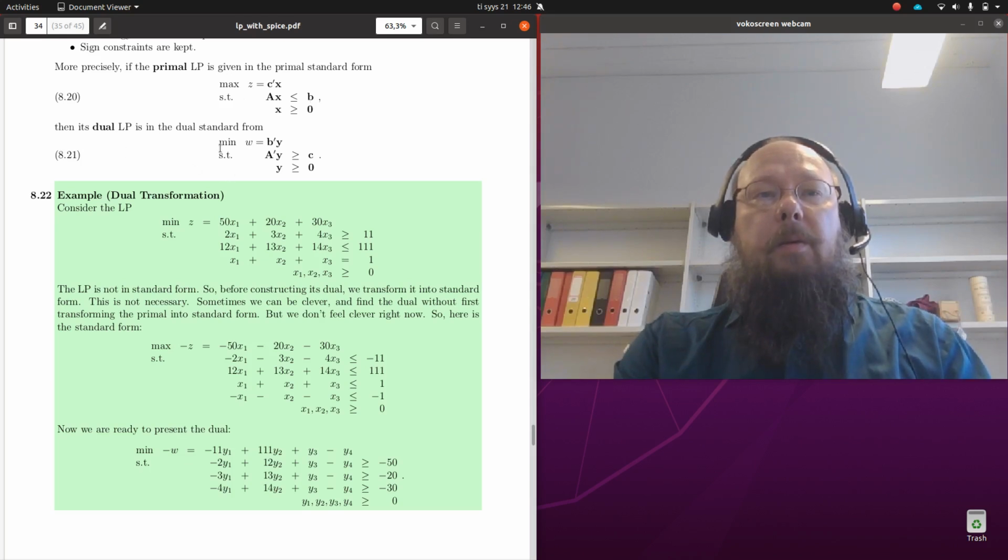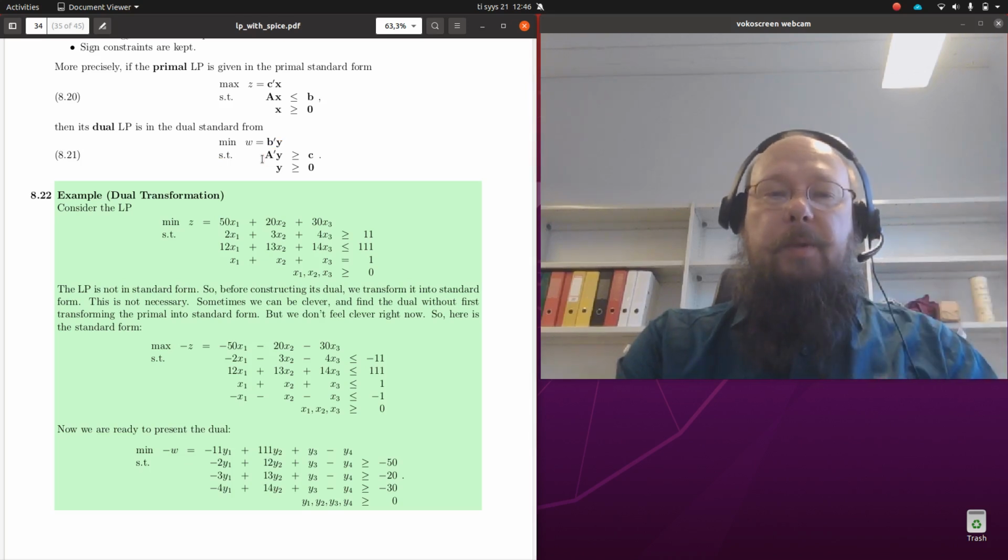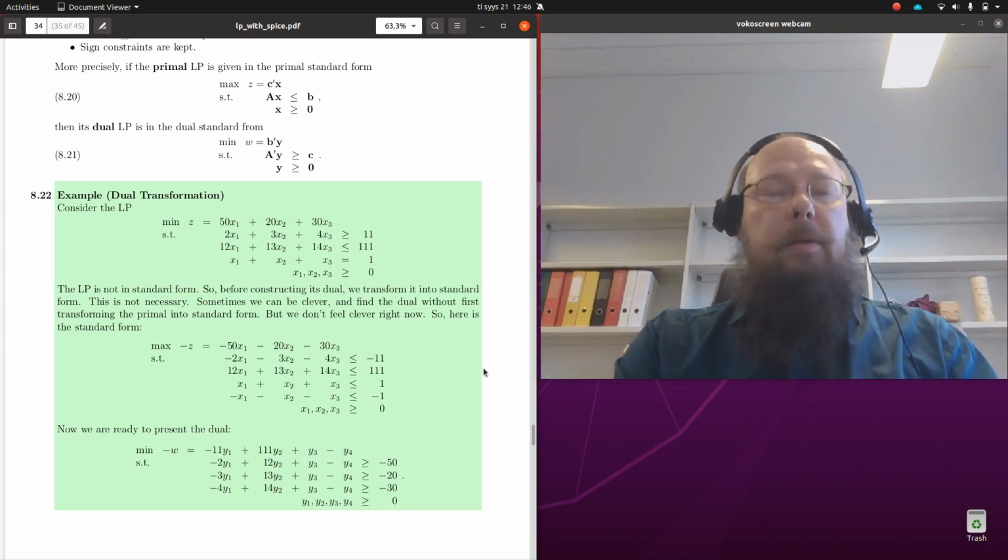Max goes to min. The objective will come from the constraints, and the constraints will come from the objective. Upper bounds turn into lower bounds, and A is transposed, so rows and columns are transposed.